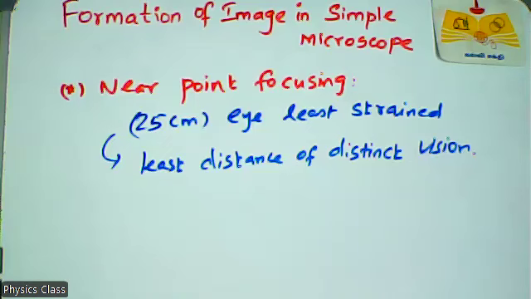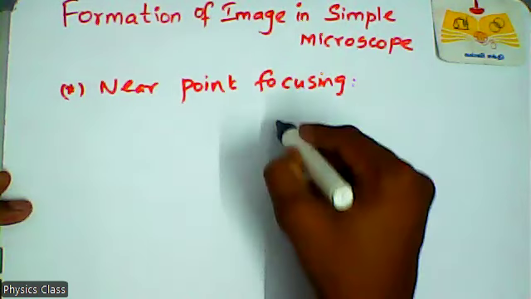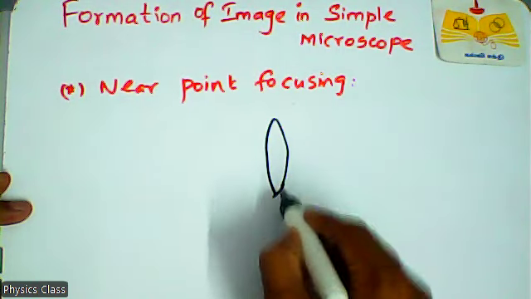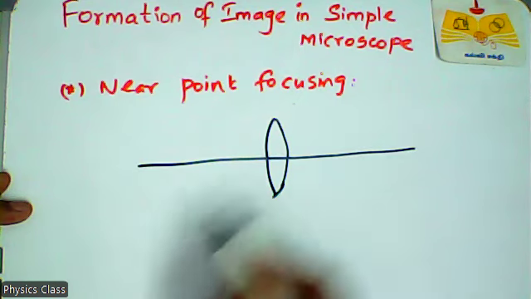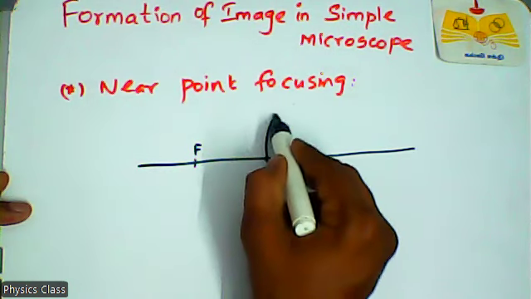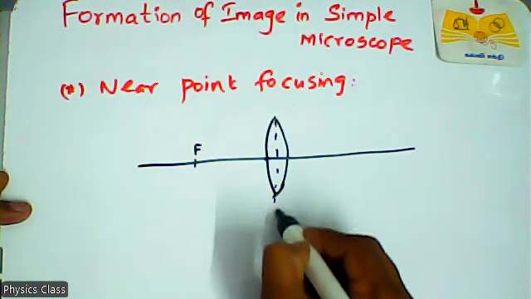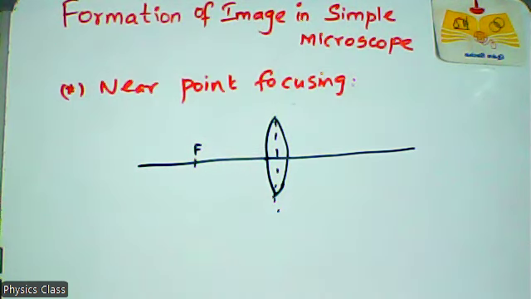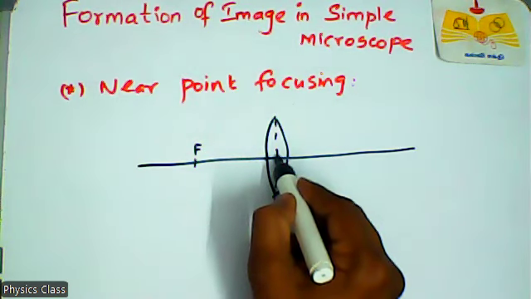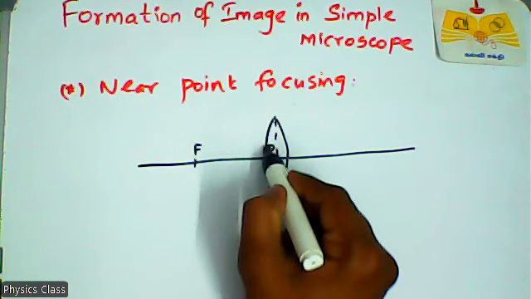Okay. So I will draw one diagram related to this. This is a convex lens, the magnifying lens. This is the principal axis. This is F. This is P, the pole.